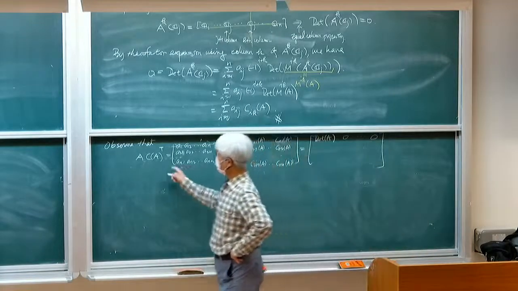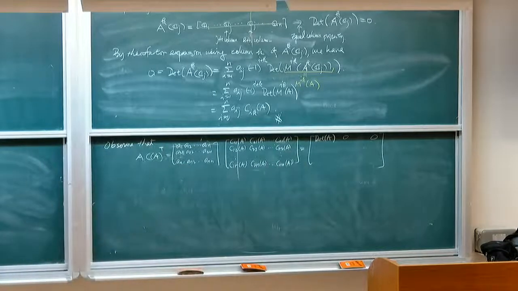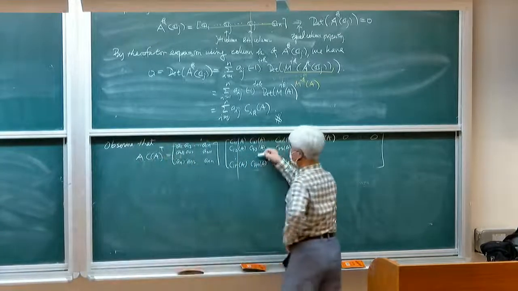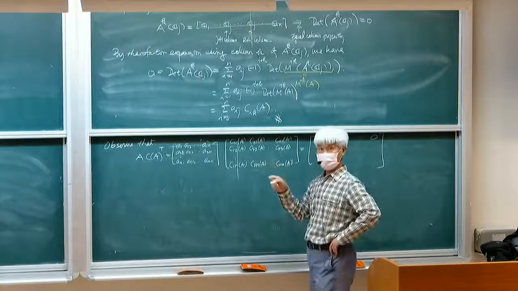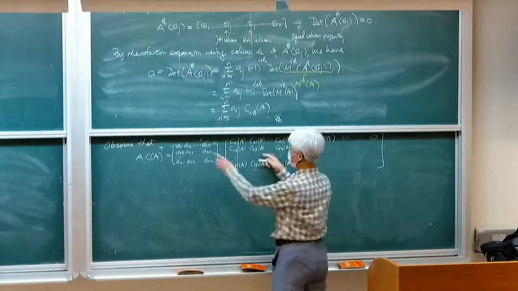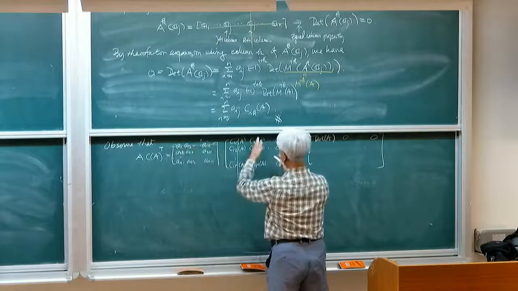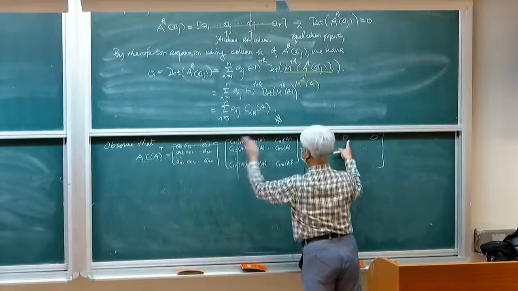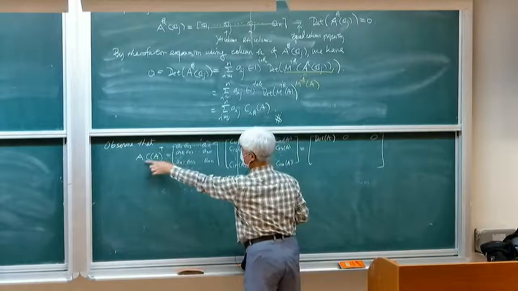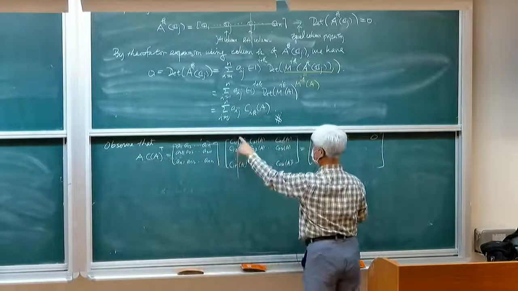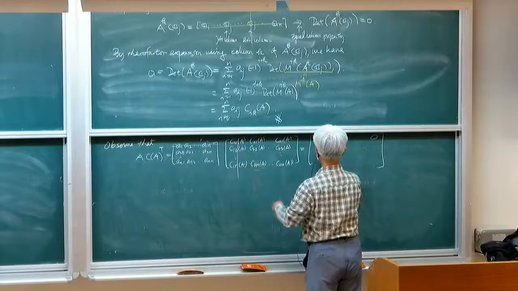Basically when you use this formula, this is just the second row, the column corresponding to the second row of the cofactor matrix. So the first row of A with the second row of the cofactor matrix you get 0. Now, for the second row of A and the first row of the cofactor matrix, you have 0.